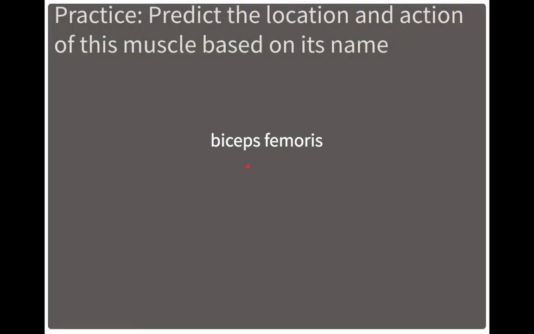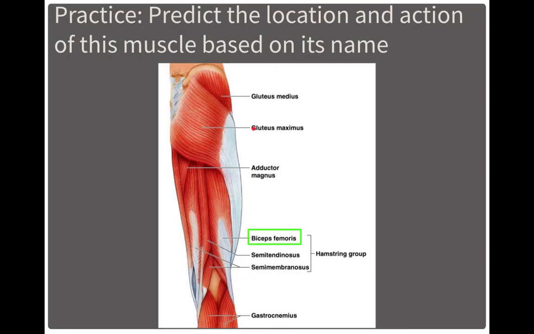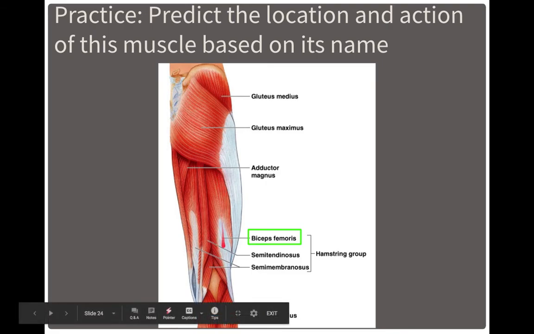The biceps femoris. Bi means 2, sep means head, and femoris means femur. The femur is the thigh bone. So the biceps femoris is a 2-headed muscle, or its origin is double-headed, and it's found on the back of your thigh.